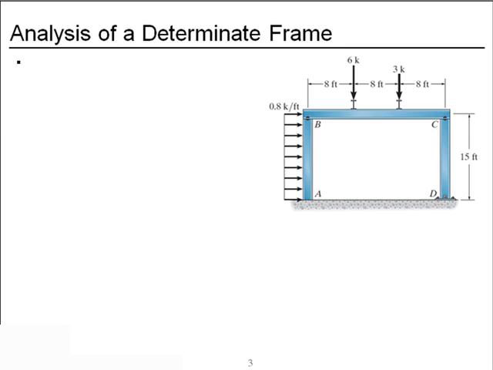Step 1. We're going to approximate the solution. We're going to assume each horizontal reaction shares equally.